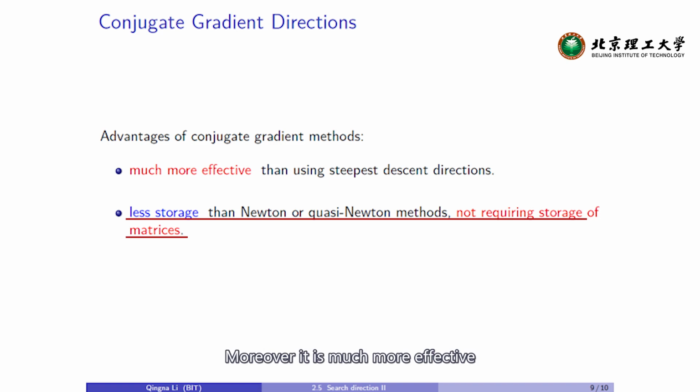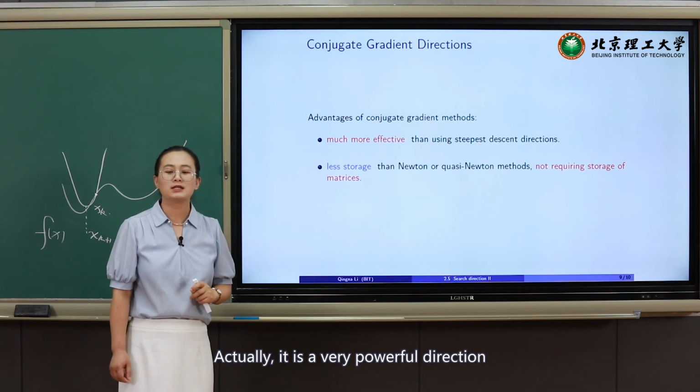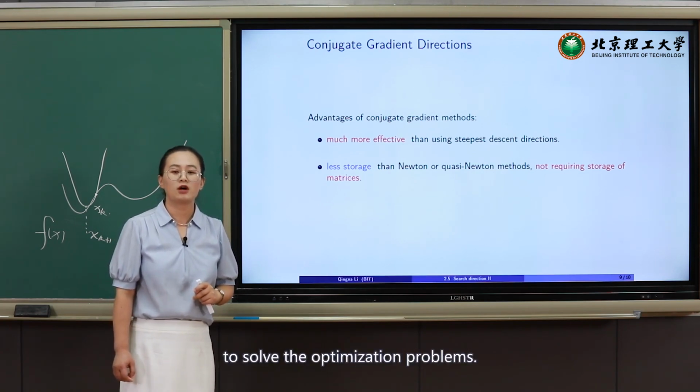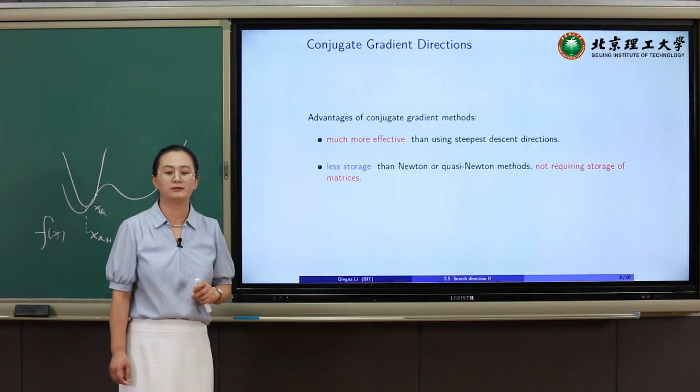Moreover, it is much more effective than the steepest descent direction. Compared with the steepest descent direction, it will be more efficient. It is a very powerful direction to solve optimization problems. We will demonstrate more details in Chapter 5.